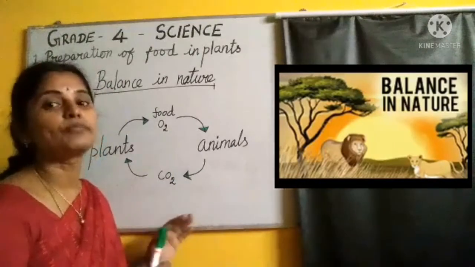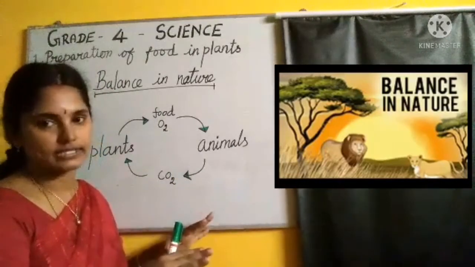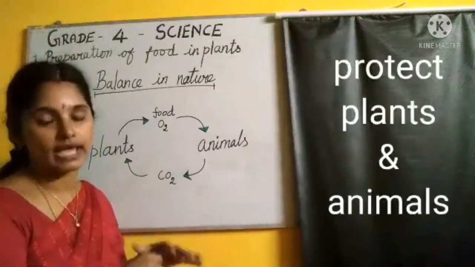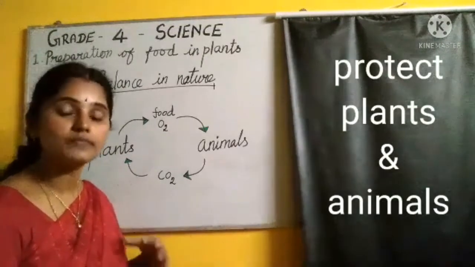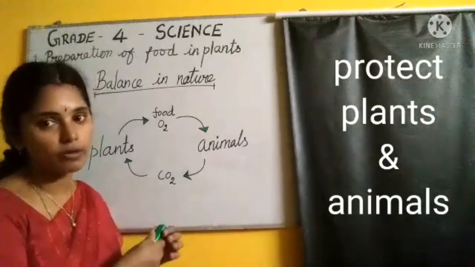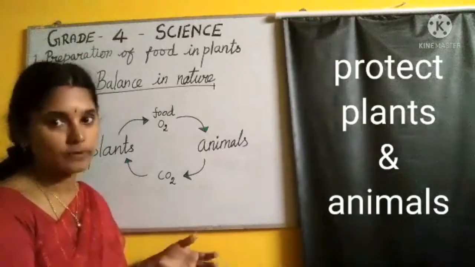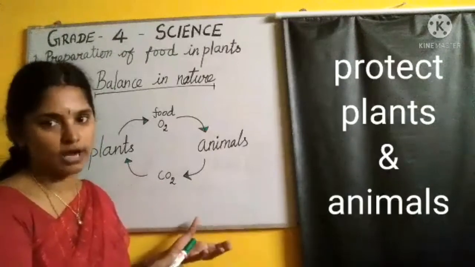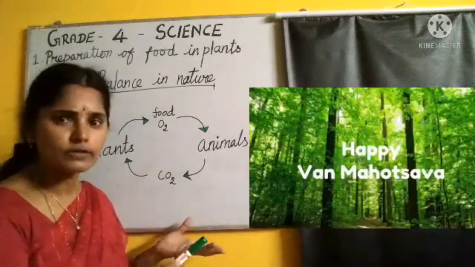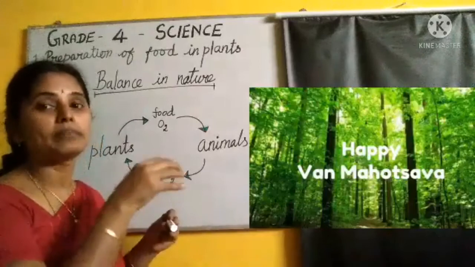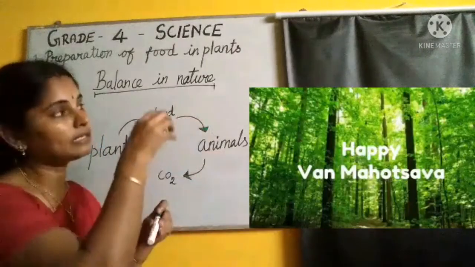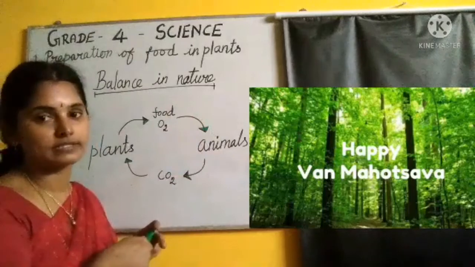So we should protect the plants. In this world, we should protect the plants. So what steps are being taken by the government to protect the plants? The government launched Van Mahotsav programs. What is that Van Mahotsav? That is planting more trees. That means planting more saplings.